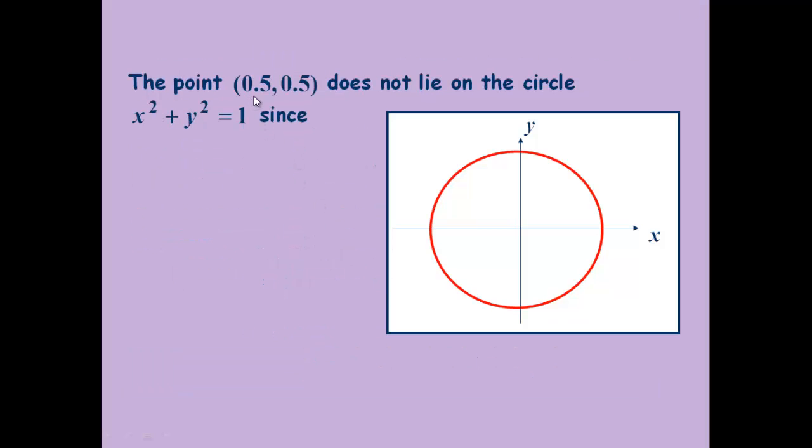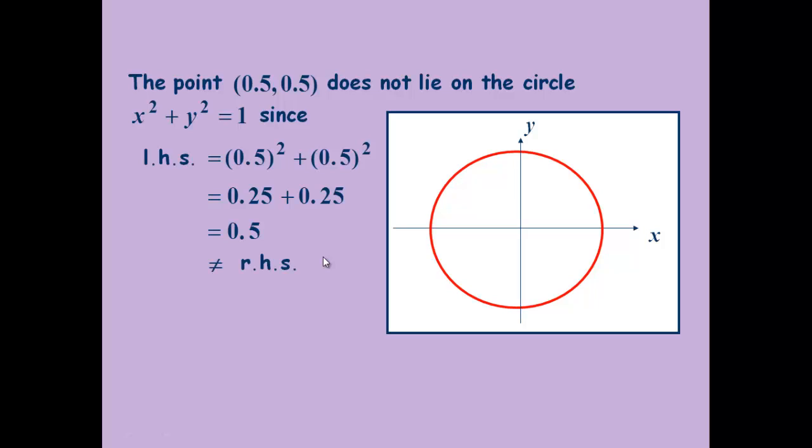If we try the point 0.5, 0.5, we can see that that doesn't lie on the circle, because if we square 0.5, we get 0.25, and 0.25 plus 0.25 gives us 0.5. So that doesn't equal 1.